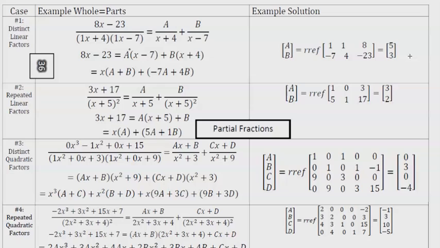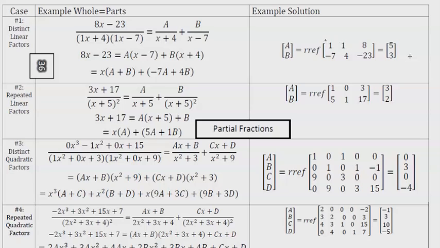Now, we could distribute and combine like terms. We have x times a plus b, and then we have our constant, negative 7a plus 4b. So we know that a plus b has to equal 8.